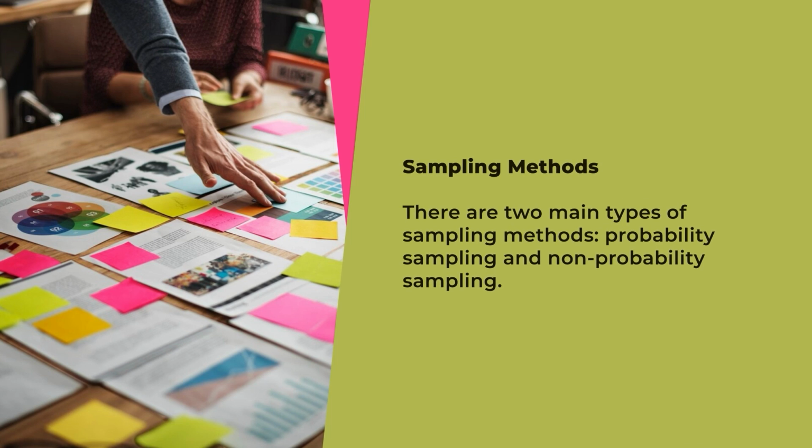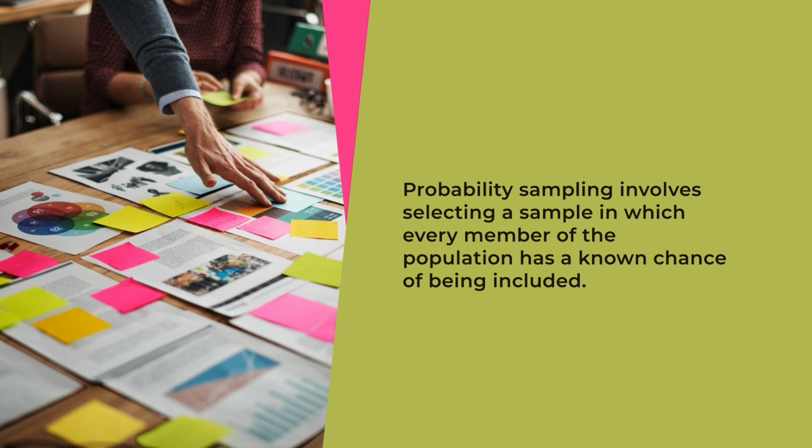The researcher is also required to know how to select the various units to make up the sample. There are two basic classes of sampling methods, probability sampling and non-probability sampling. Probability sampling involves selecting a sample in which every member of the population has a known chance of being included.